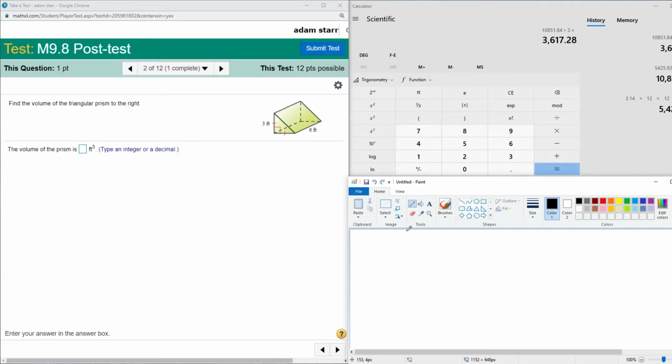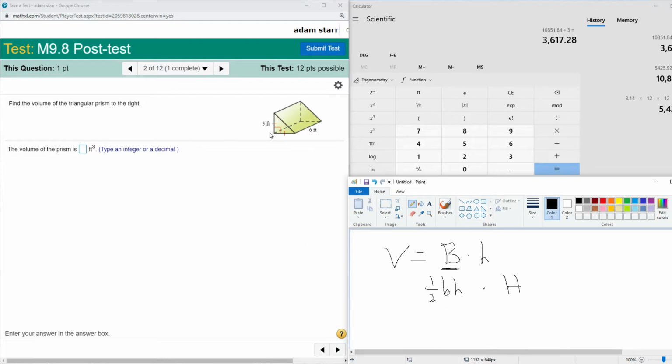Okay, to find the volume of this triangular prism, it's the area of the triangular base, so I'm going to say capital B, times the height of the prism. Okay, so we have to find the area of the triangular base here. And the area of a triangle is 1/2 base times height. And then we're going to multiply by the prism height. Okay, so I'm going to put that as a capital H.